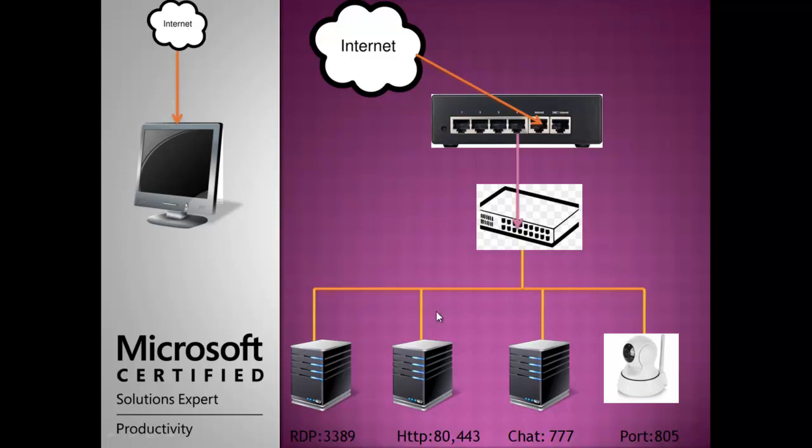If you have a chat server in your organization, in your small company, you can access that chat software from outside, and also you can see the camera from outside. That means you will access your public IP.